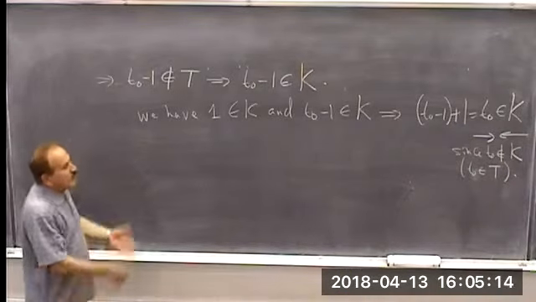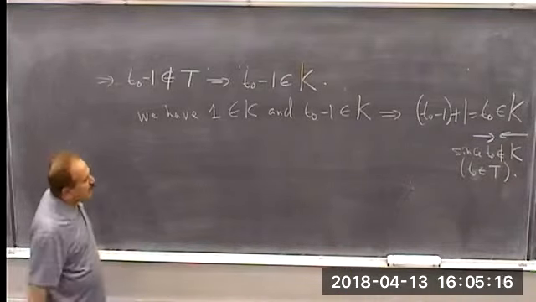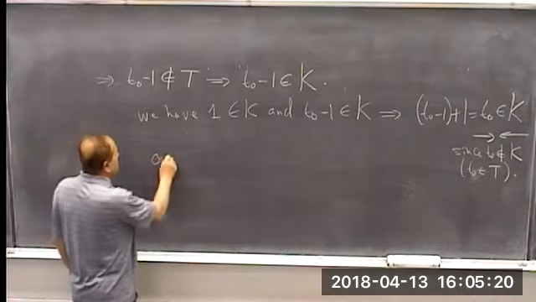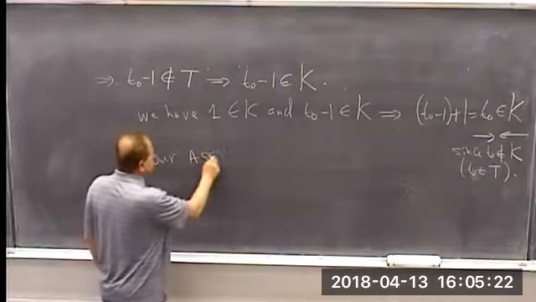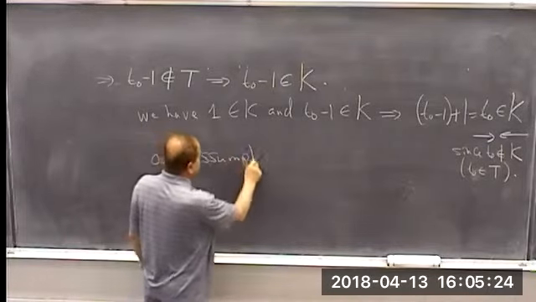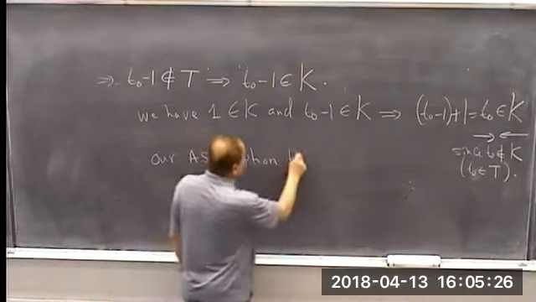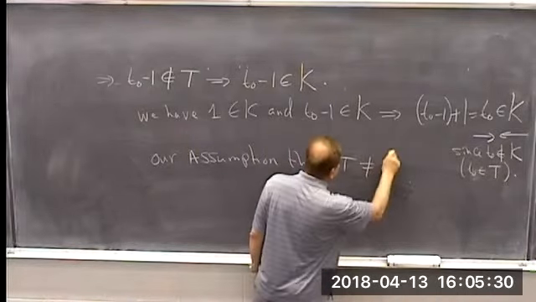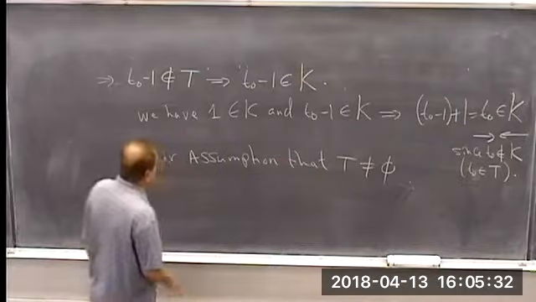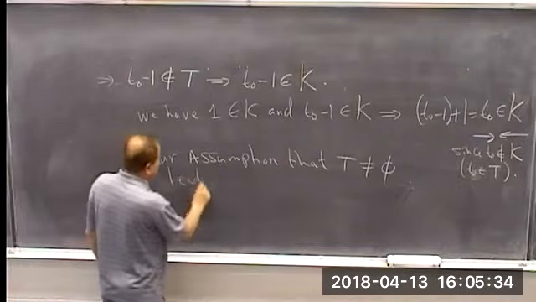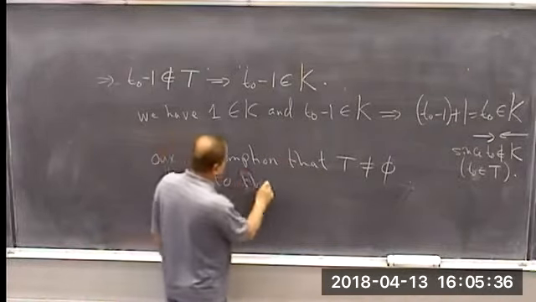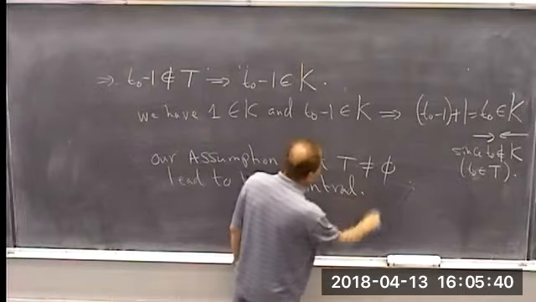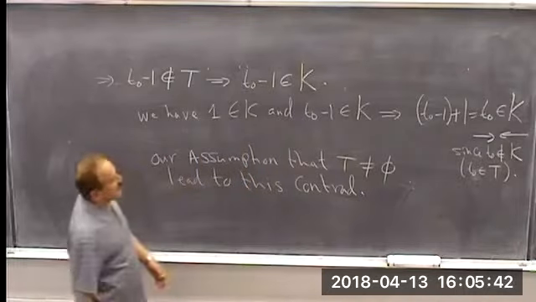If we go back to see what went wrong, our assumption that T is not empty led to this contradiction. It means that this is a wrong assumption.